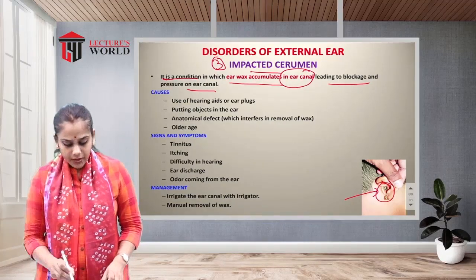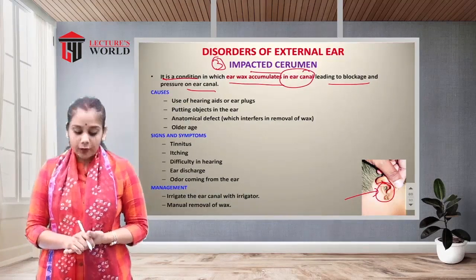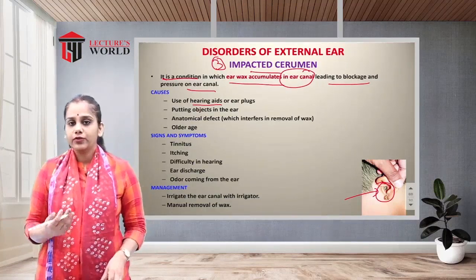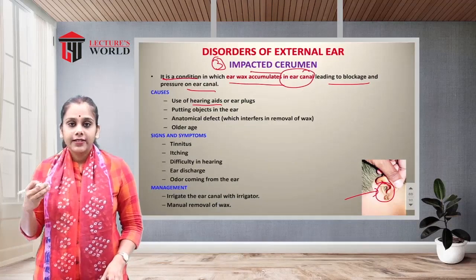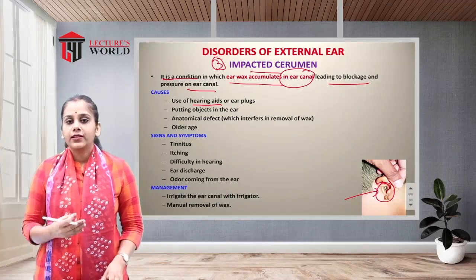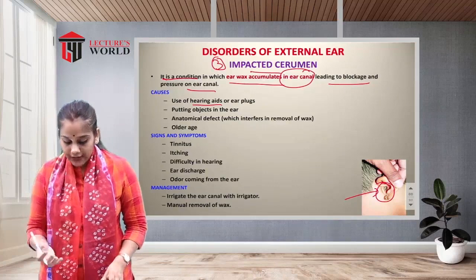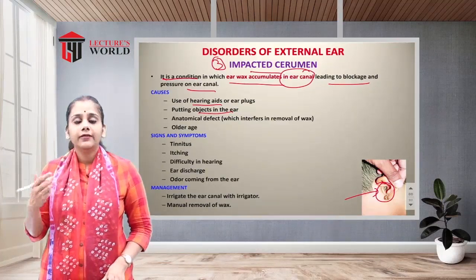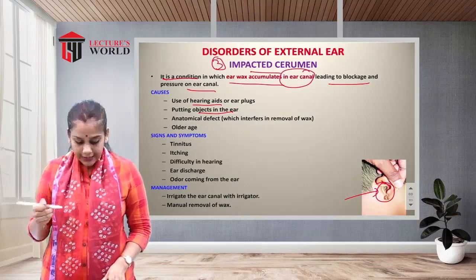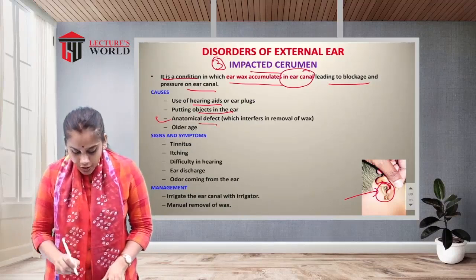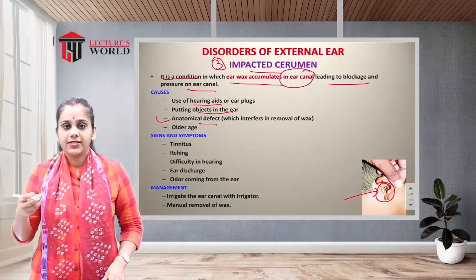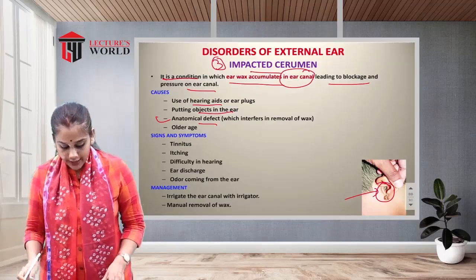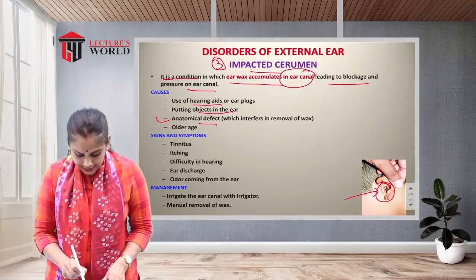Okay, which are the causes of impacted cerumen? Use of hearing aids or earplugs. If you are frequently using earplugs in your ear, what occurs? There is accumulation of wax. Then putting objects into the ear. If you put a sharp object into the ear, or something liquid or chemical is poured into the ear, that can also lead to blockage of the ear.